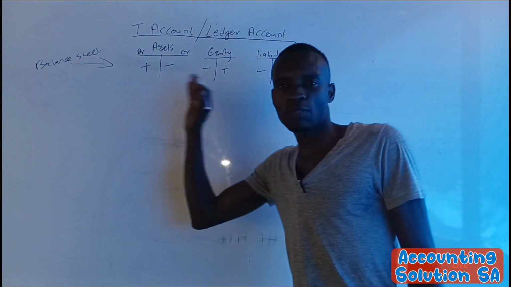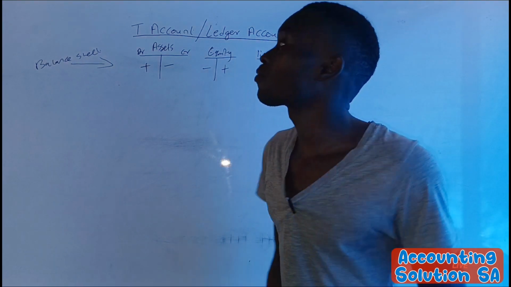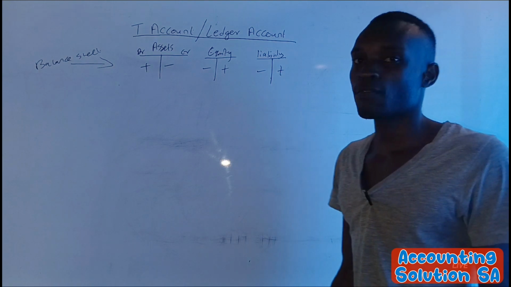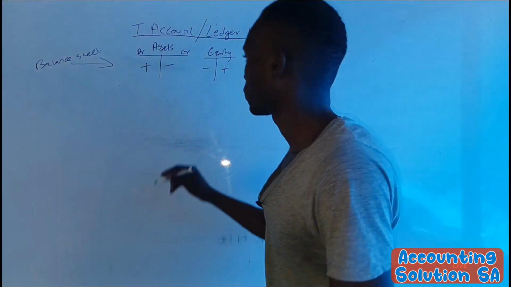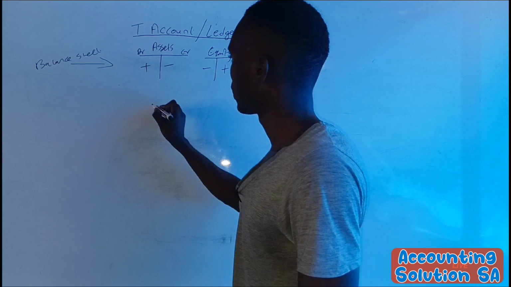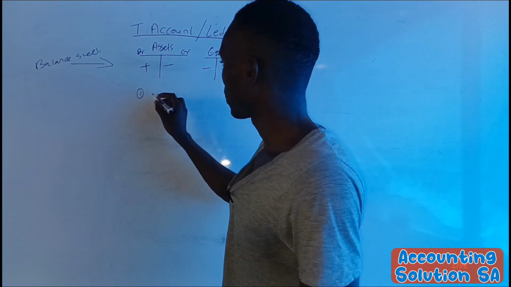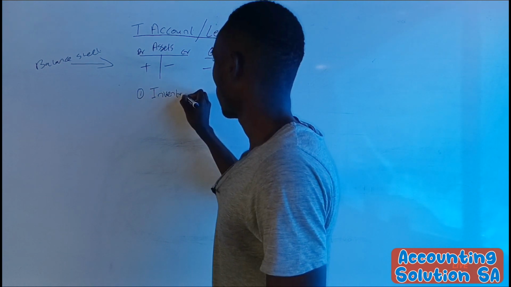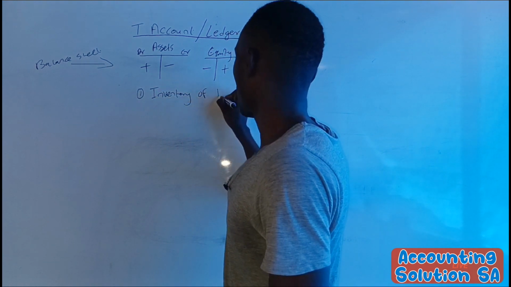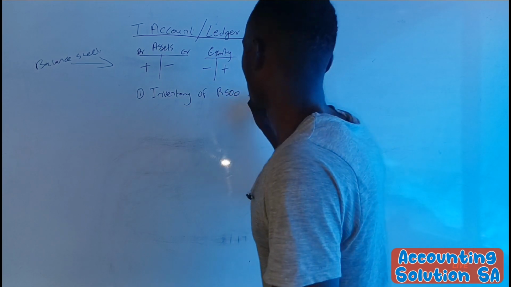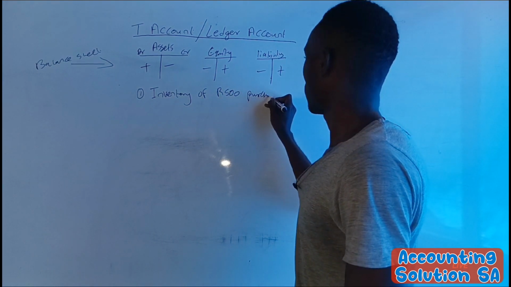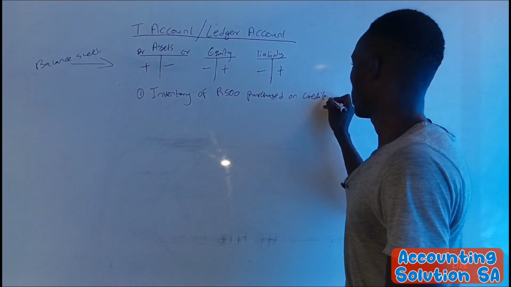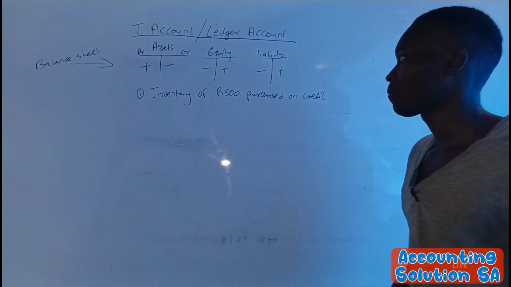Once you know this principle, guys, it's going to be very simple for you to treat a ledger account. Let me give you an example. A transaction says inventory of 500 purchased on credit.